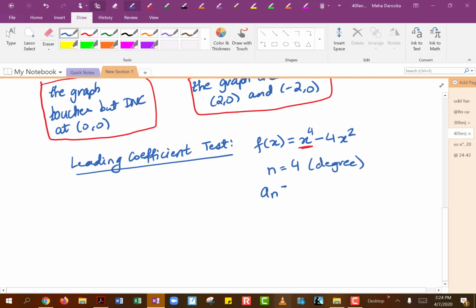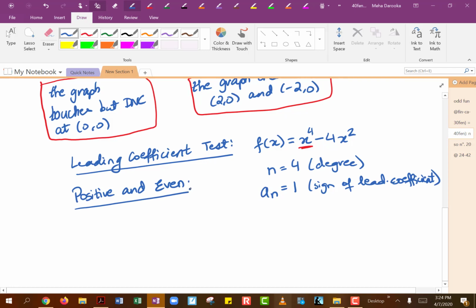And then the sign is going to be a positive 1. So that's the sign of the leading coefficient. So basically we have a positive leading coefficient and we have an even degree.